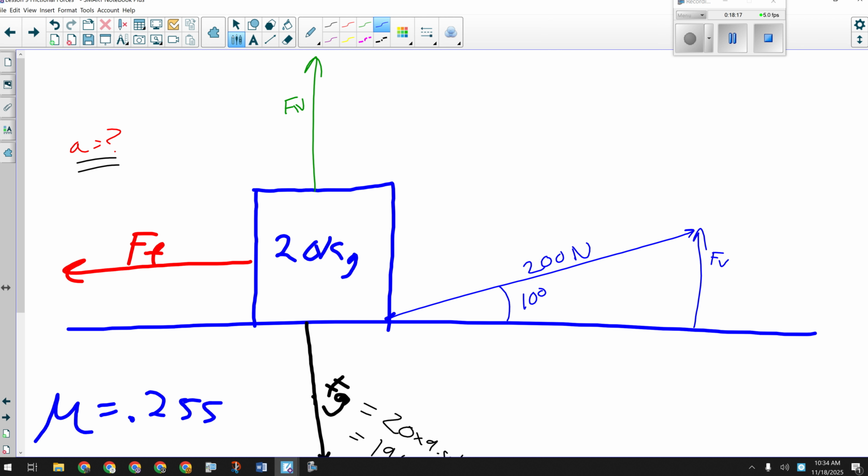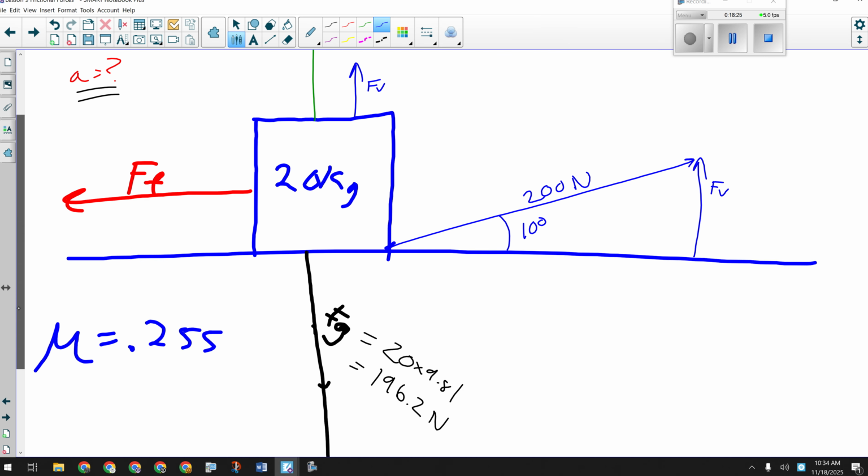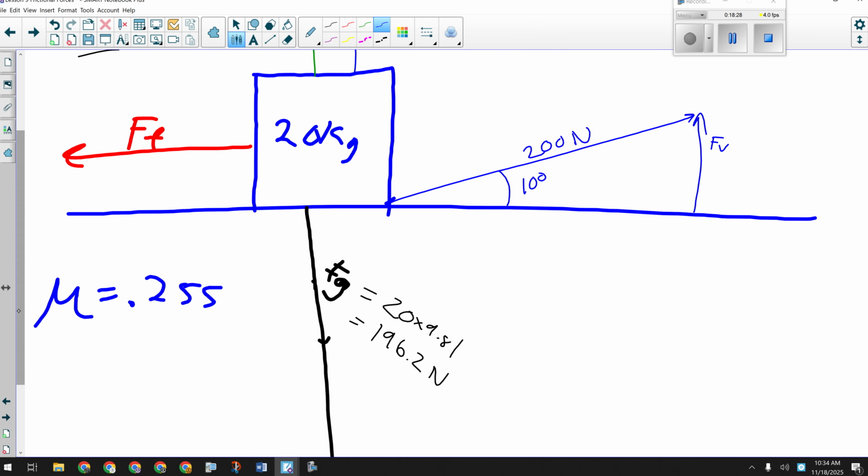So what I actually have is a force vertical, the normal force, which I don't know yet, and a force downward of 196.2. Looking at this, I know that force of gravity, normal force, and the force vertical add up to 0. I know that because the box is not moving vertically.